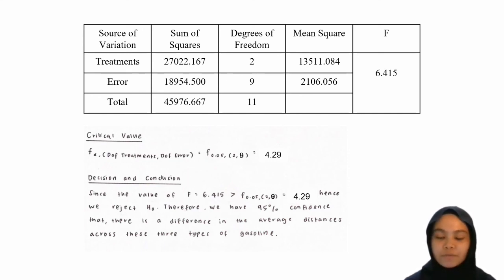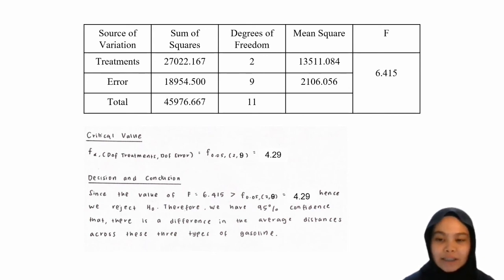6.415. For the critical value, we will use F alpha, degrees of freedom treatments, degrees of freedom error, and we will get F 0.05, 2, 9, and we will use the F distribution table, and we get 4.29.